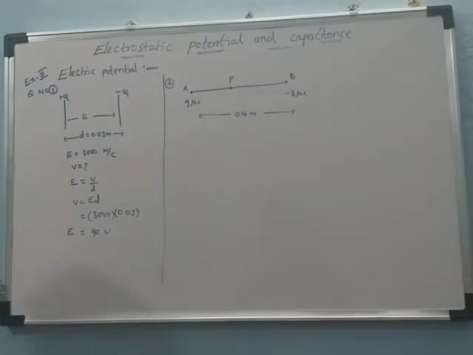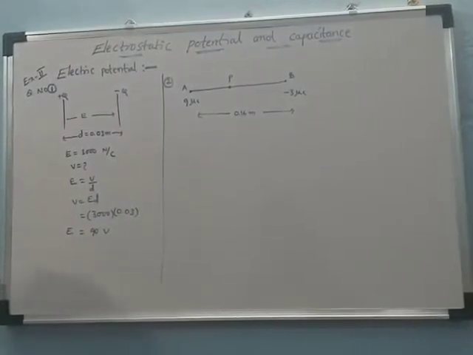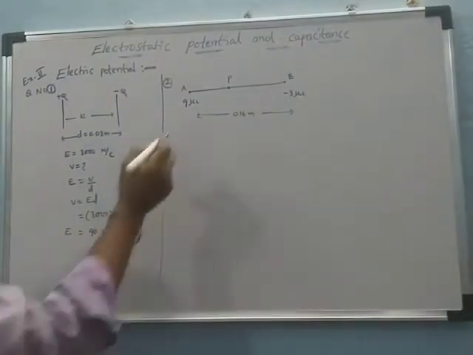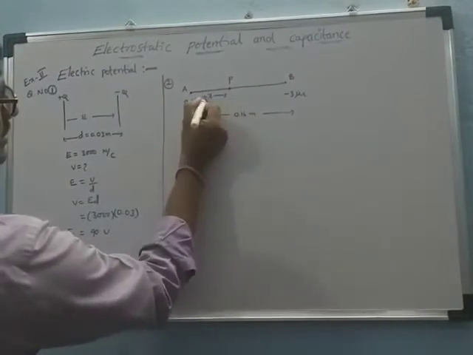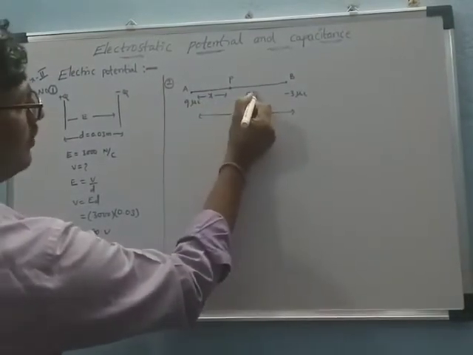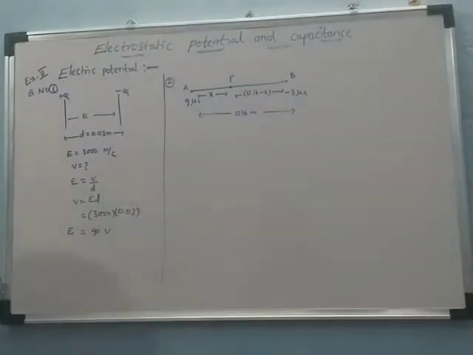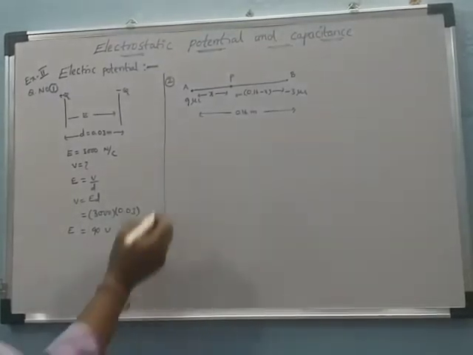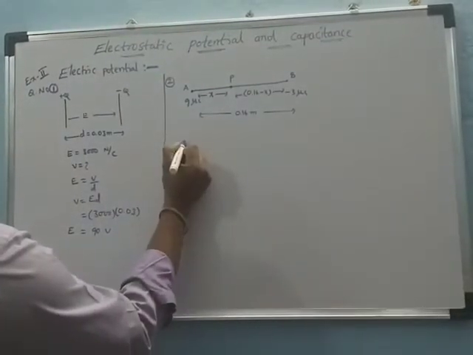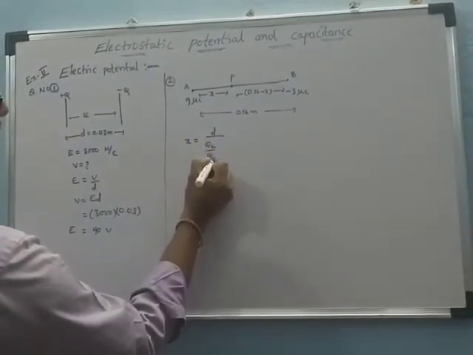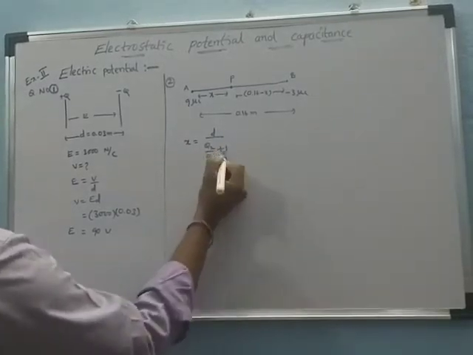Then the distance of P from the 9 Coulomb charge is X, and the remaining distance is 0.16 minus X. Since one charge is positive and one is negative, the formula for the null point is X is equal to D by Q2 by Q1 plus 1.